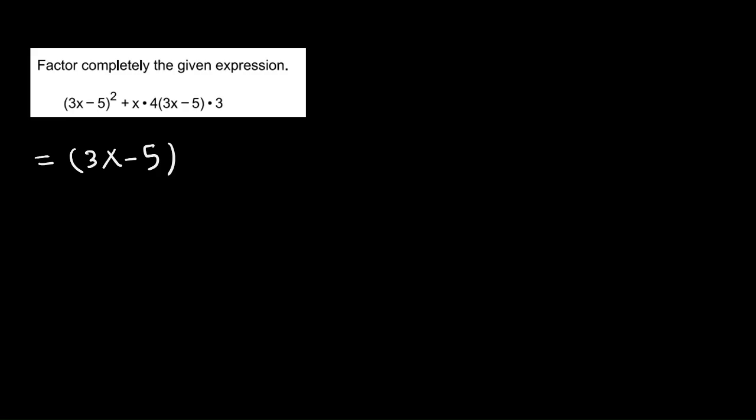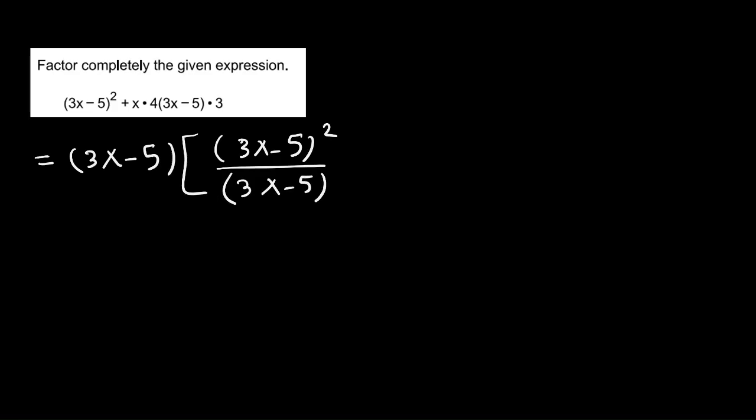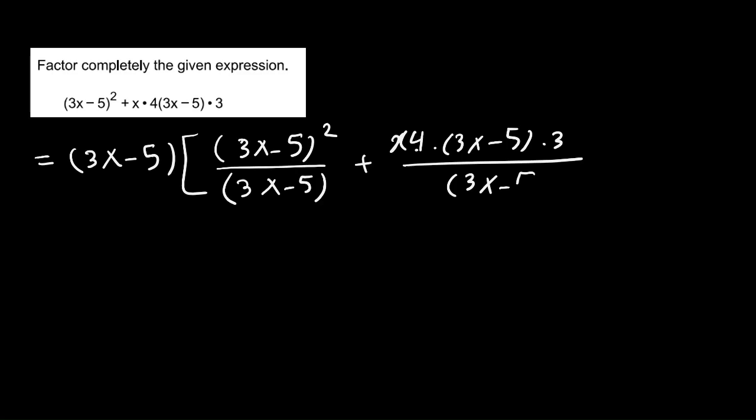So let's factor 3x minus 5. When we factor 3x minus 5, from the first term, which is 3x times the square of 3x minus 5, we divide it by 3x minus 5. And also, we divide the second term by the common factor, which is 3x minus 5.